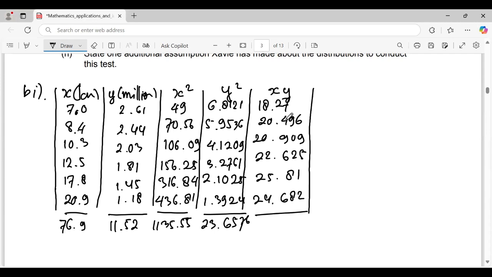And if you calculate the accumulation, it is 132.772.